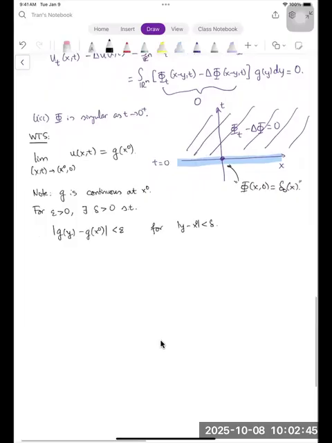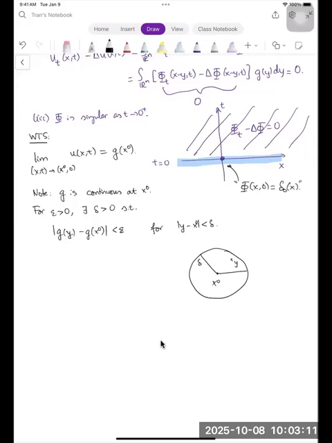So in this picture, this is x naught and this is the radius delta. For y within here, g(y) is close to g(x naught).